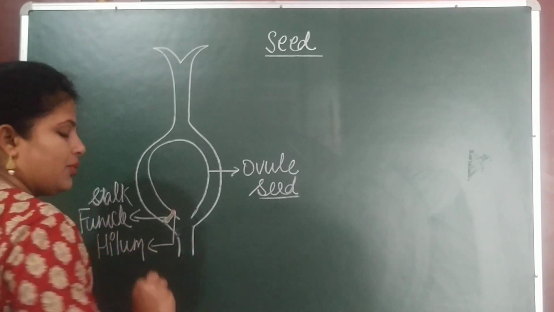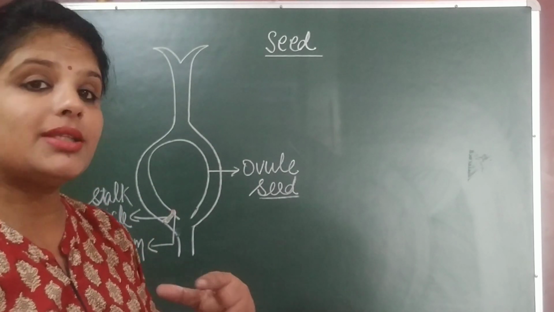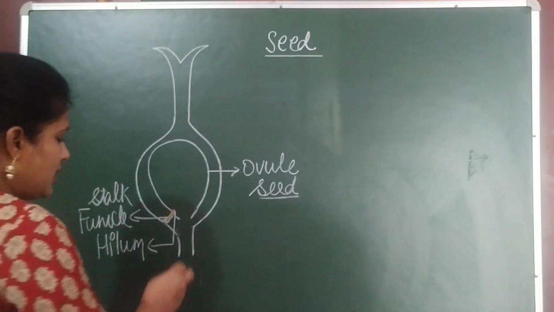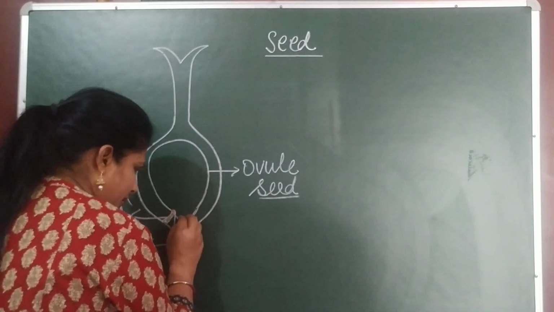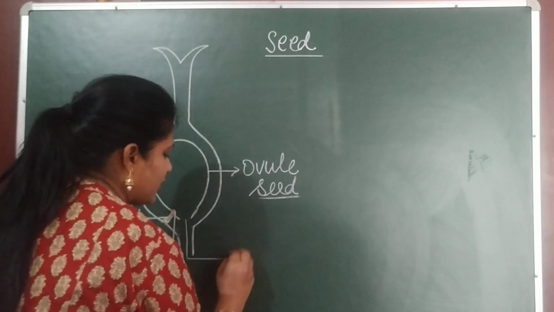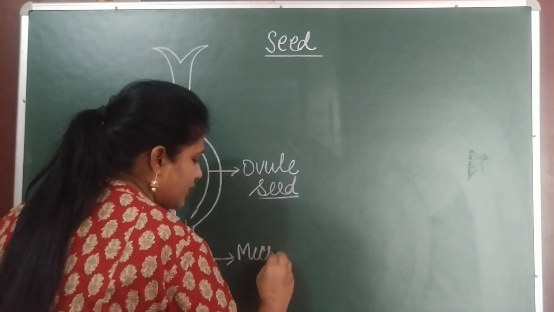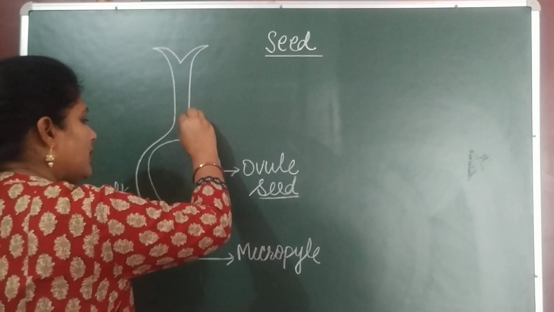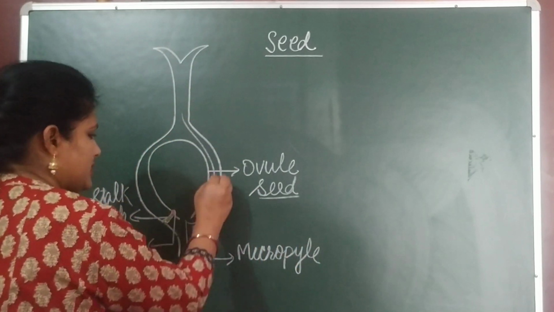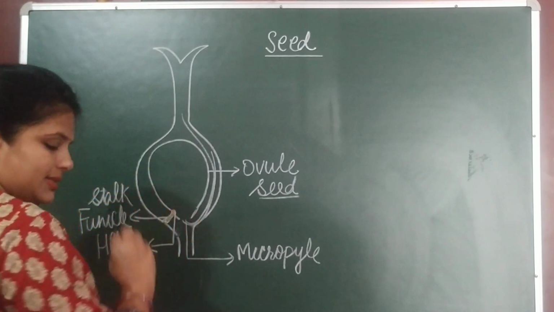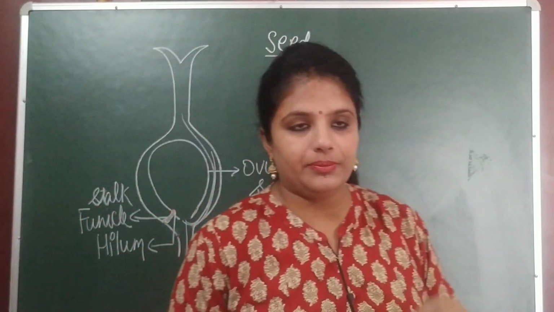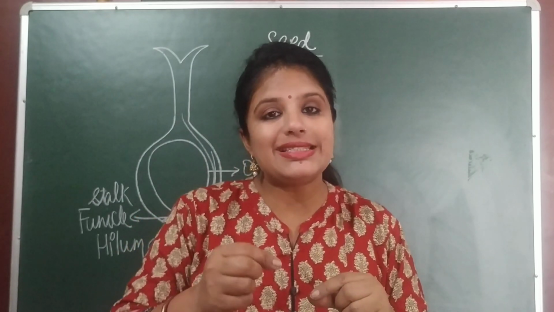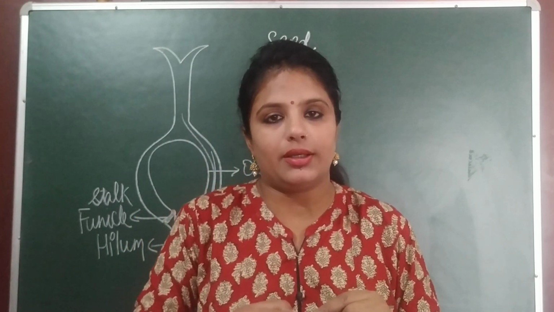In another video, I will show you what a hilum is and how you can locate the hilum and other parts. This part is the opening, and it is called micropyle. This micropyle is the opening from where the pollen tube enters. This we have already discussed. In case of seed, micropyle is the pore from where the seed absorbs water.